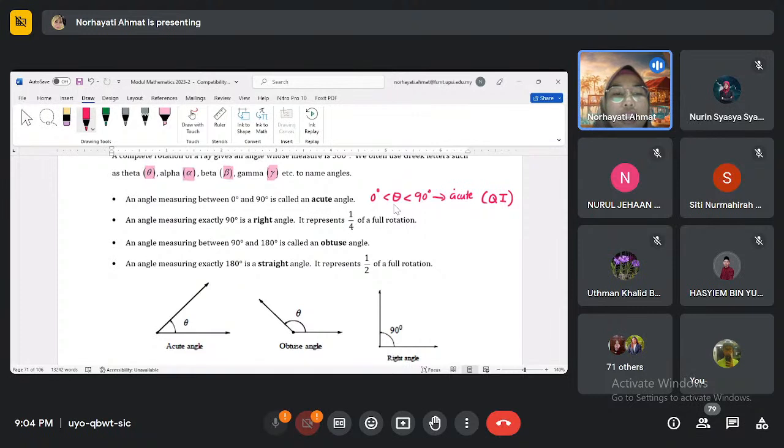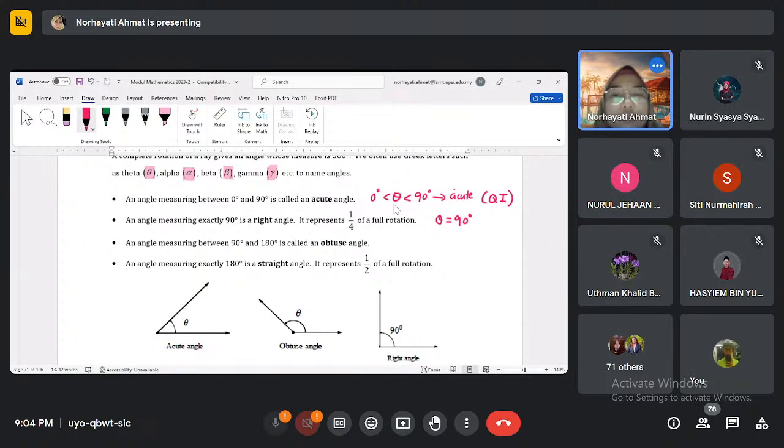Okay, if we have a 90 degree angle, so we call that angle as right angle. Ini biasalah. Okay, maksudnya dia punya theta is equal to 90 degree. So means is exactly on or parallel to the y axis. Okay, parallel or ataupun betul-betul lies on the y axis.